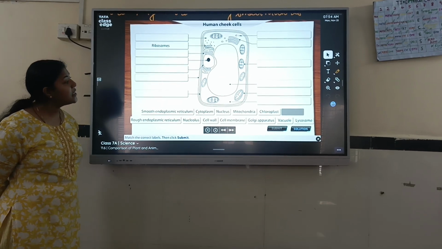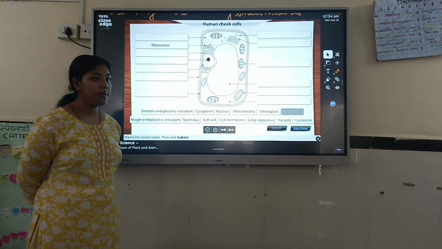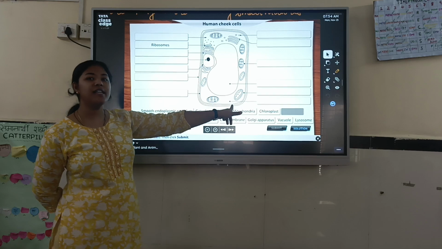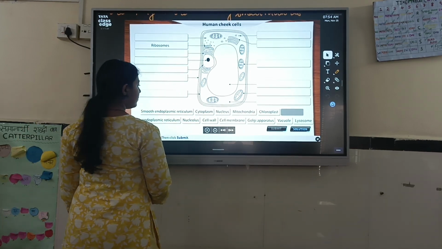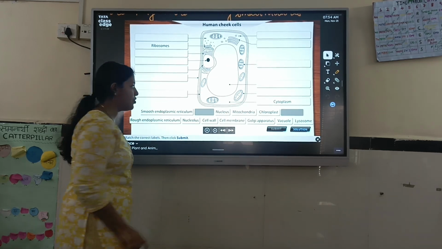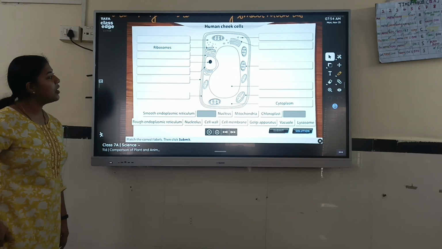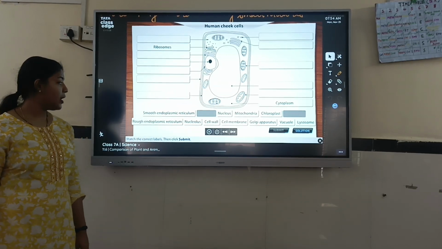Cytoplasm. Is it the cytoplasm? Cytoplasm is this side, last. Lysosome. This one is the cytoplasm? Sure. Correct. Okay. Next. What do you think this large one is? Vacuole.